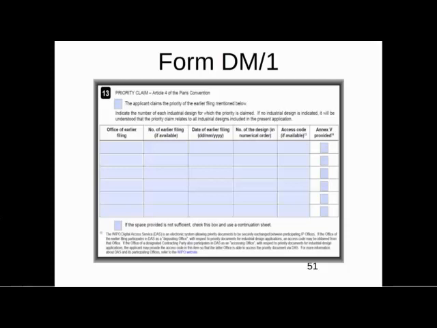Of course, you can't do it if the Office of First Filing was an office that isn't a member of the club, isn't a depositing office in the DAS system. But assuming that the Office of First Filing is a depositing office in the DAS system, you want to make darn sure you get the access code in here. The USPTO is a depositing office in the DAS system, so you'll put this in.